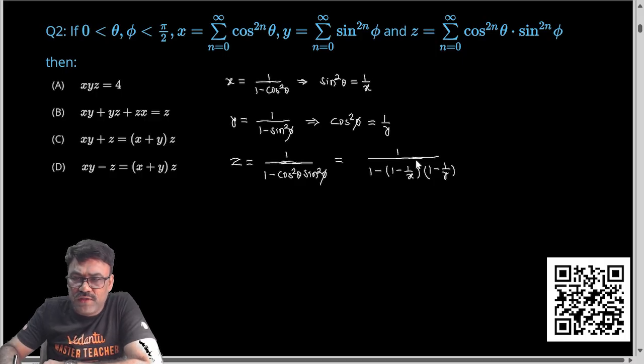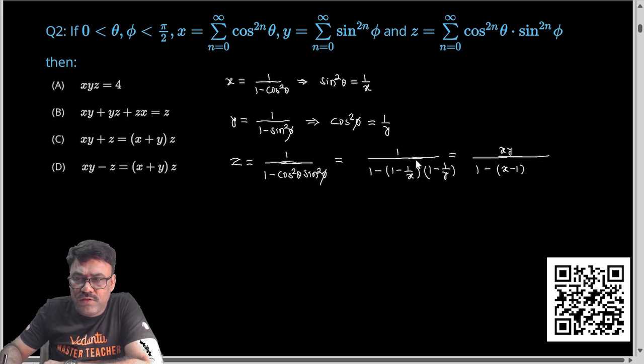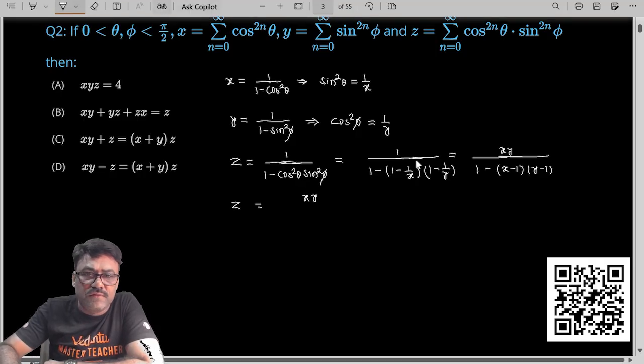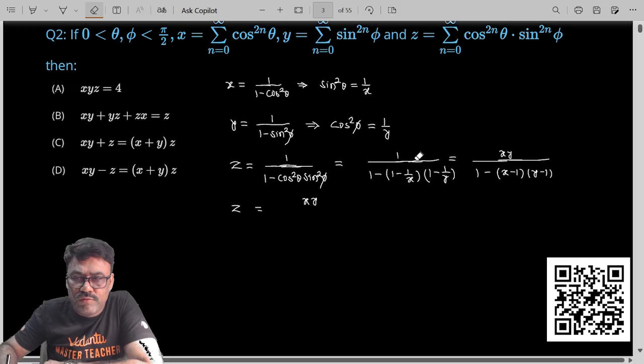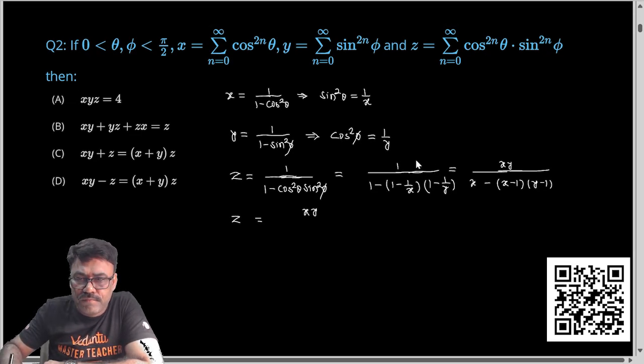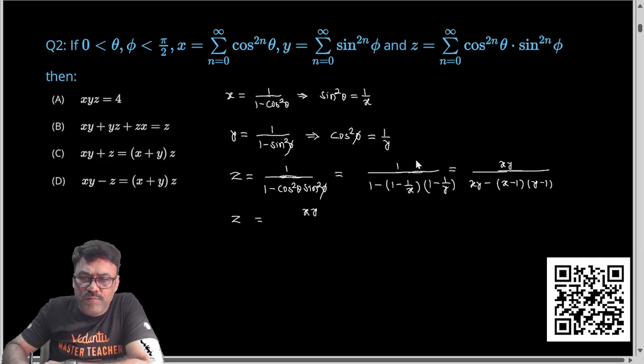Now if I simplify it, it becomes xy over (x minus 1) into (y minus 1). So z is equal to xy over x plus y minus 1.